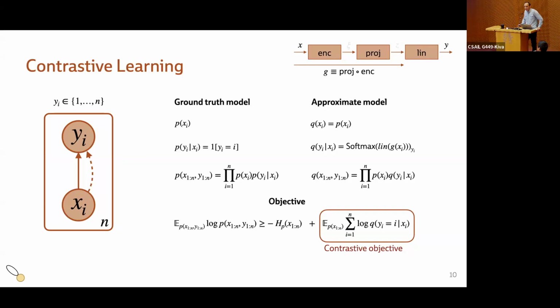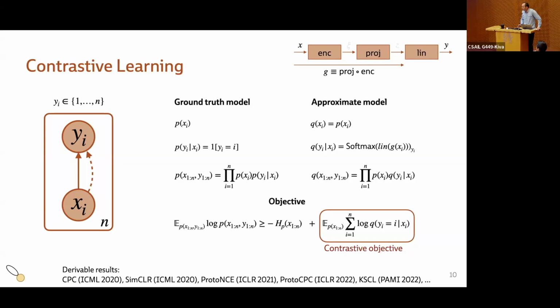Okay, so that's how you are actually highlighting the likelihood criteria. And so from here, I'm not going into the details of that, but you can check out the paper. You can derive the other objectives that are commonly used in contrastive learning.